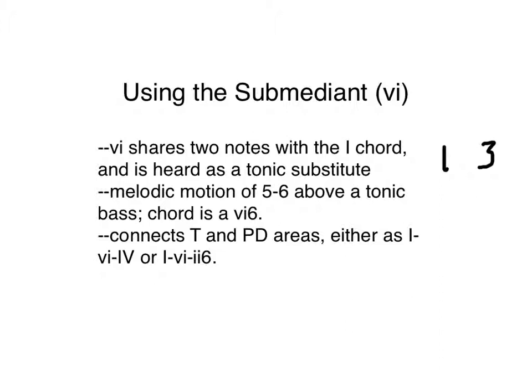We can have a melodic motion of scale degree 5 to scale degree 6 above a tonic chord, and then when the 6 comes in, the resulting chord will be a 6-6. Or sometimes the 6 chord can connect the tonic and predominant areas, either as a 1, 6, 4, or a 1, 6, 2, 6. Let's look at some examples.